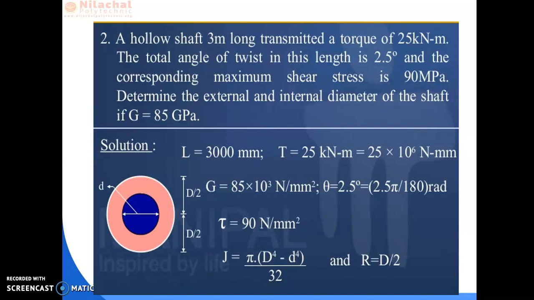Now, go for the calculation of the section modulus, that is equal to polar modulus. Now, we assume the external radius R is equal to D by 2, and section modulus can be used as pi times D to the fourth minus d to the fourth divided by 32.